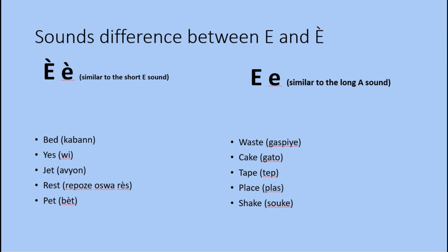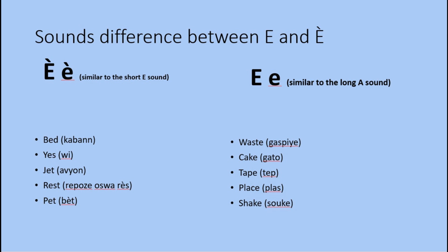So with the accent, it's similar to the short E sound in English, and it's eh. And you have to make the sound eh, otherwise it can change the meaning of the message, okay? When the E doesn't have the accent, the sound is A, like the long A sound in English, right?